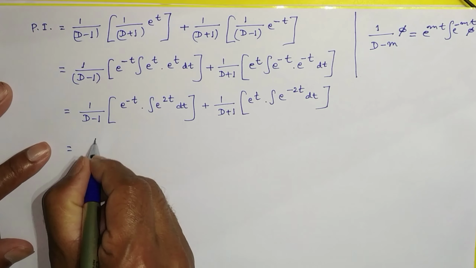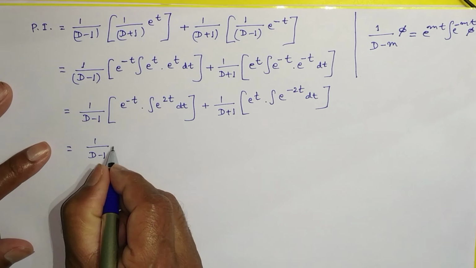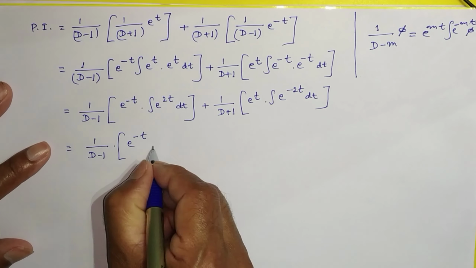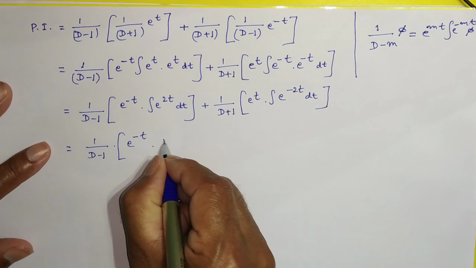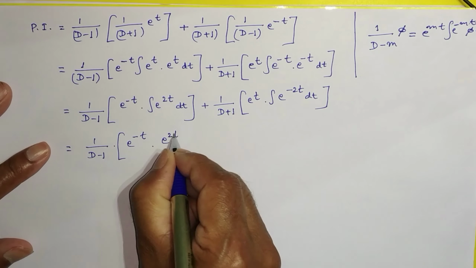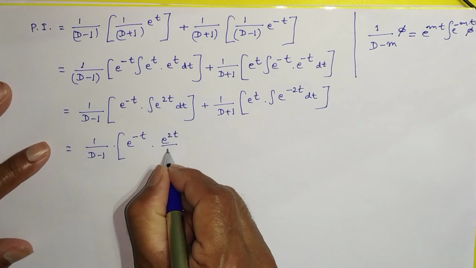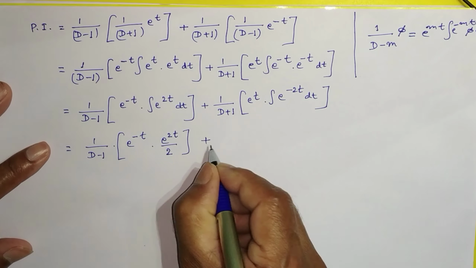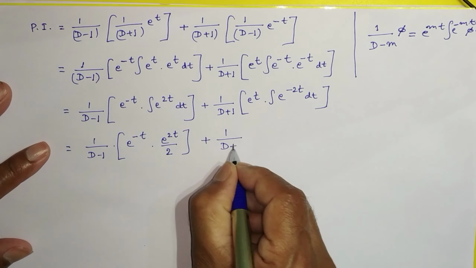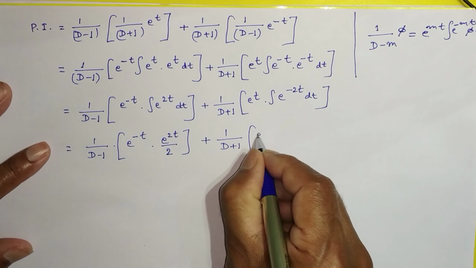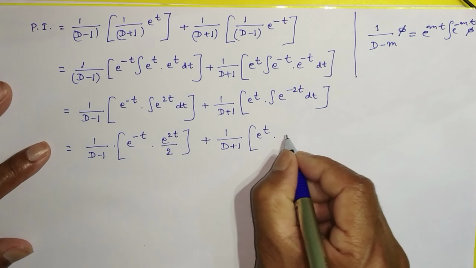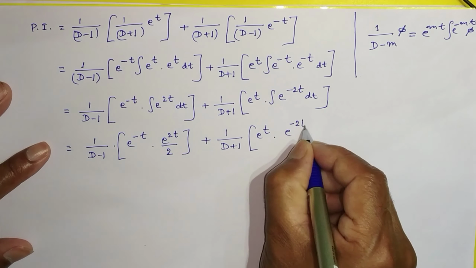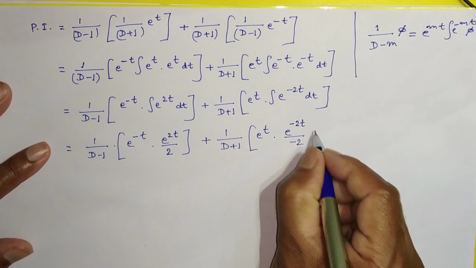Now this is 1 upon D minus 1, we have e raised to minus t, and this will be e raised to twice of t divided by 2, and this is 1 upon D plus 1 e raised to t, and this is e raised to minus twice of t divided by minus 2.